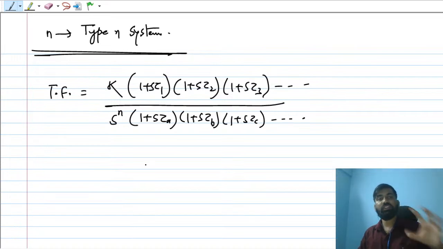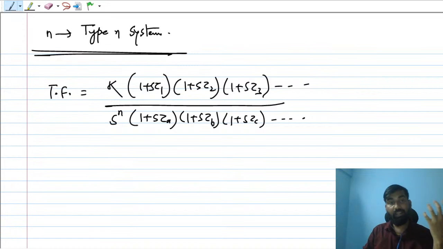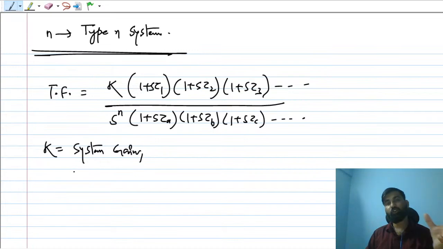So this is the standard form of the transfer function, where K describes the system gain, as I told you, and τ is basically the time constant of the system, which is a system parameter in fact, okay.